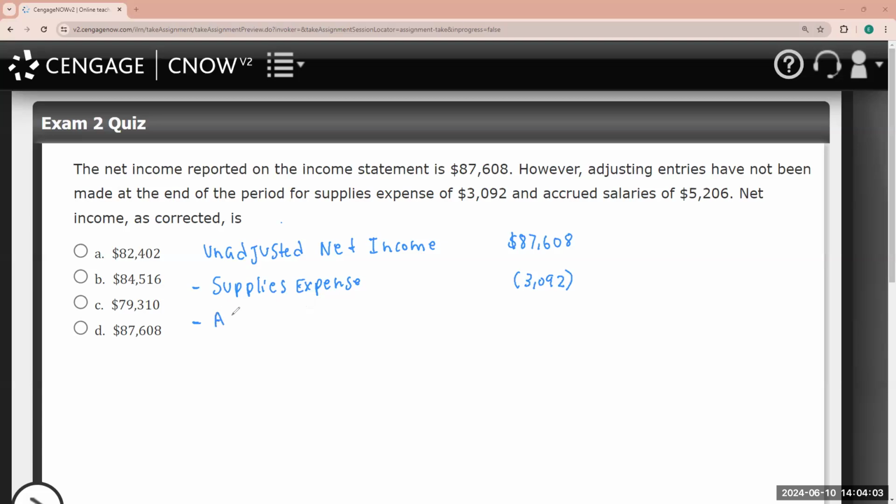And in the next step, our accrued salaries, which is $5,206. And once we calculate this, our unadjusted net income minus our supplies expense minus our accrued salaries gives us net income.